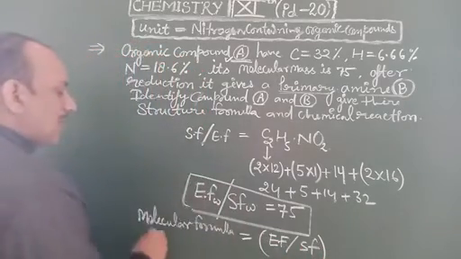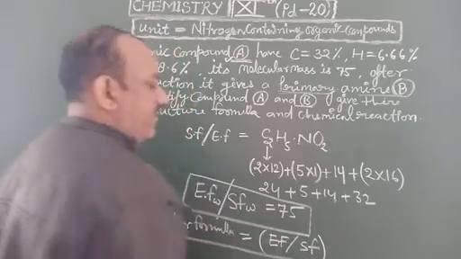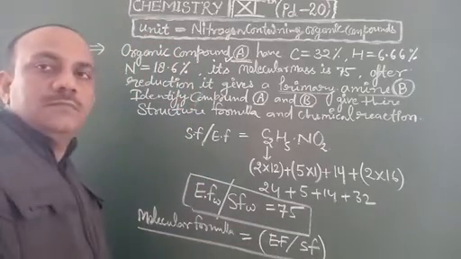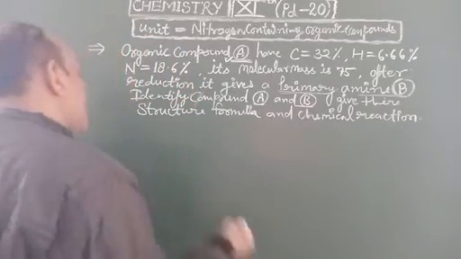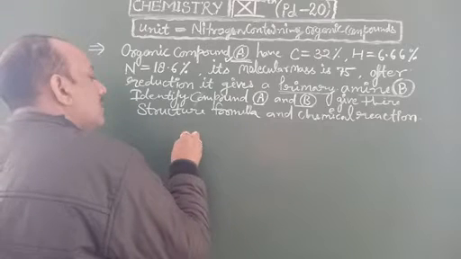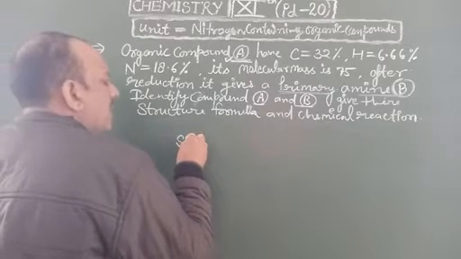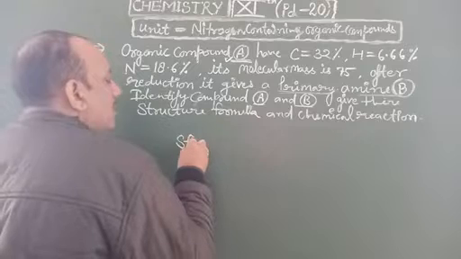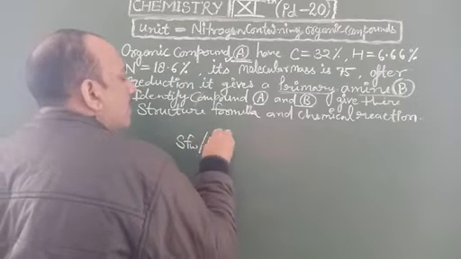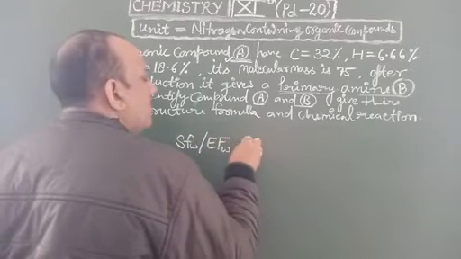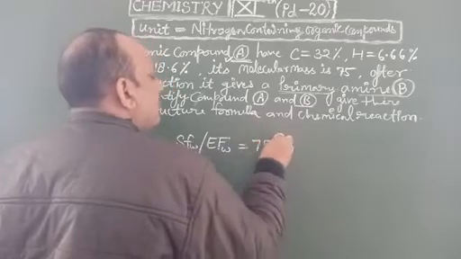This is the formula of MF. Shortly we also write SFW or EFW equals 75.